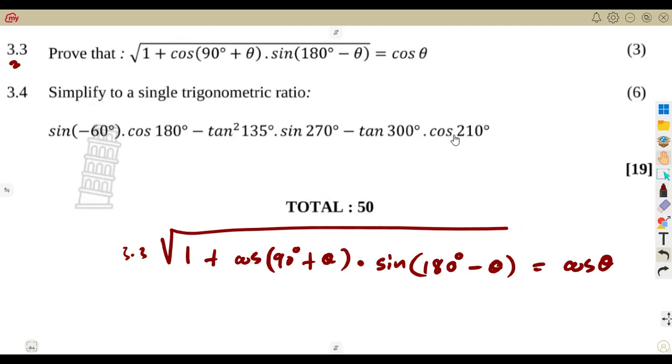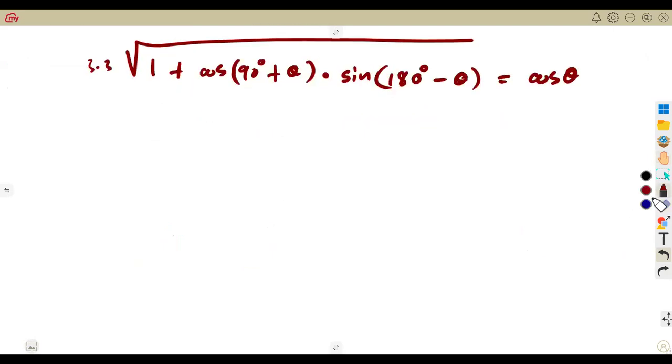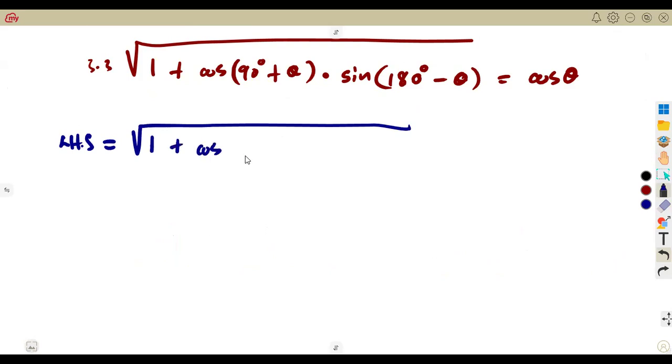All right, so this is easy, guys. Taking the left-hand side, which is the complicated side, it is the square root of 1 plus cos of 90 plus theta times the sine of 180 degrees minus theta.